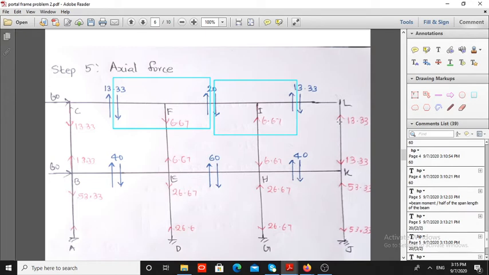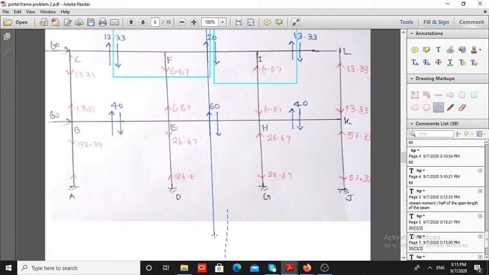Then the axial forces in the last two columns are compressive in nature. That is, the centroid of this frame section comes around this point. So on the left side of the section, all the column axial forces are in tension, and the right side has all the forces in compression.